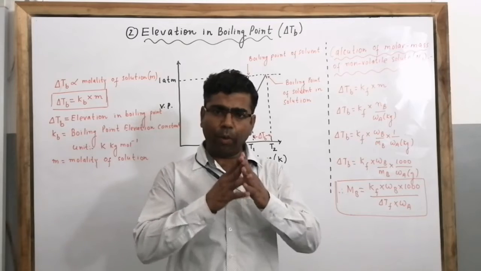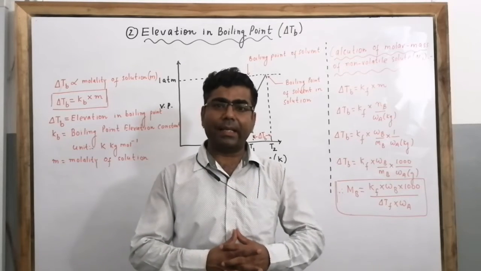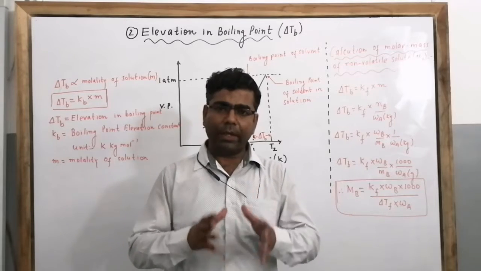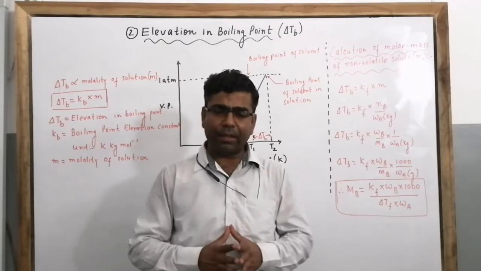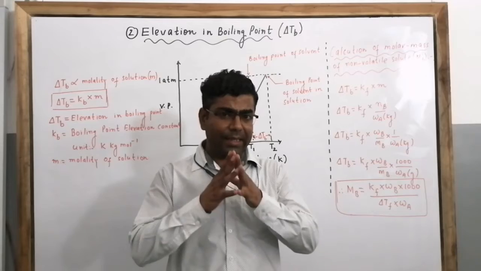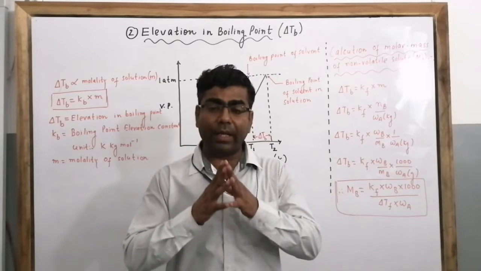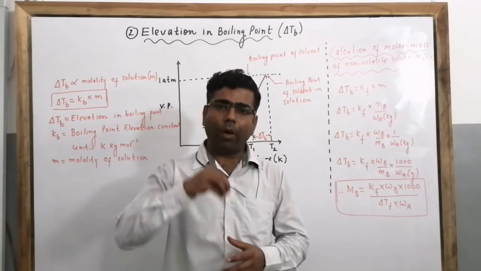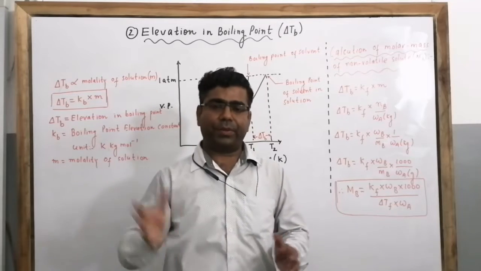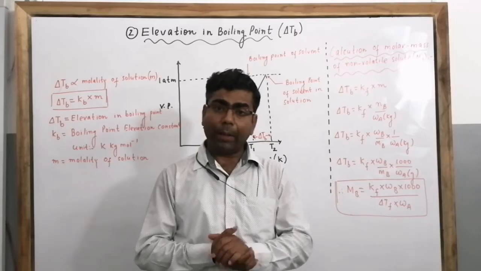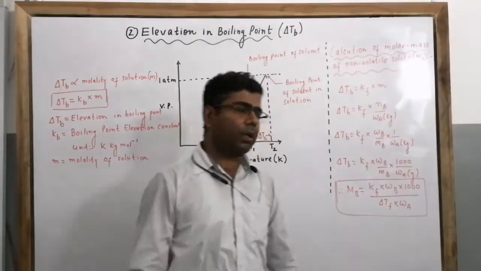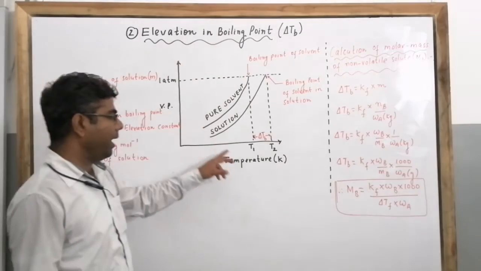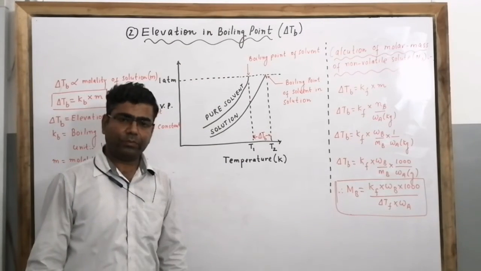So the final boiling point, 101 degrees Celsius, minus the initial boiling point, 100 degrees Celsius, gives 1 degree Celsius as the result. So this 1 degree Celsius is the elevation in boiling point. By this much amount, the boiling point has increased. Clear?